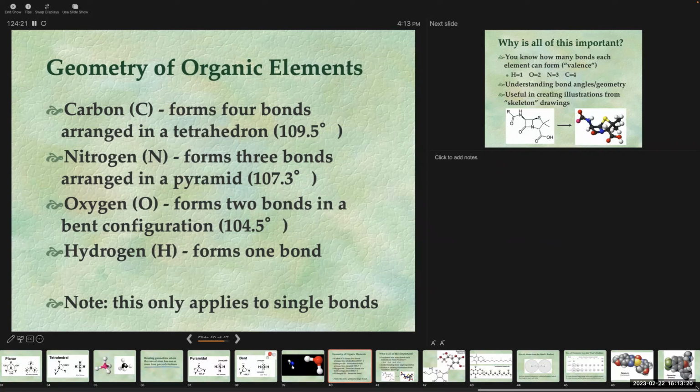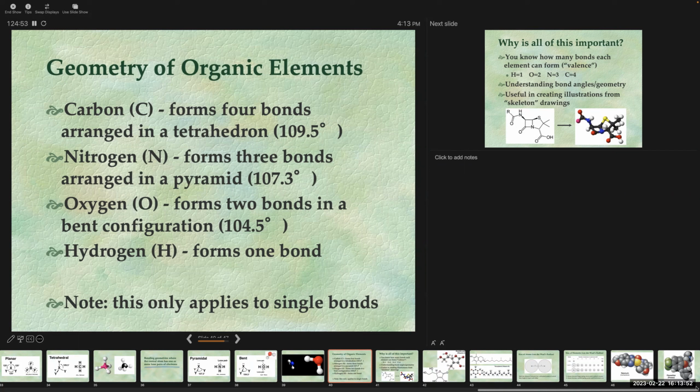First of all, I want you to know how many bonds are formed by each of the common organic elements. This is a principle called valence. And those people who've had chemistry before sometimes get confused about this, because in chemistry, they often talk about valence electrons, where valence electrons is the number of electrons in the outer shell, which is what determines the number of bonds that something forms.